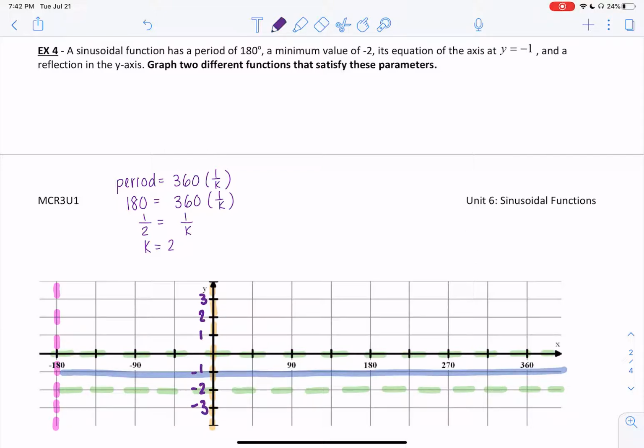So the first one we could have is we could have a sine here. So we could start on our axis and we could go here, here, down like this. So that could be one option.